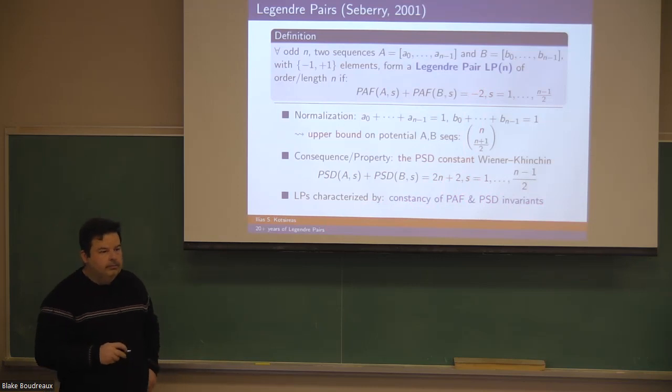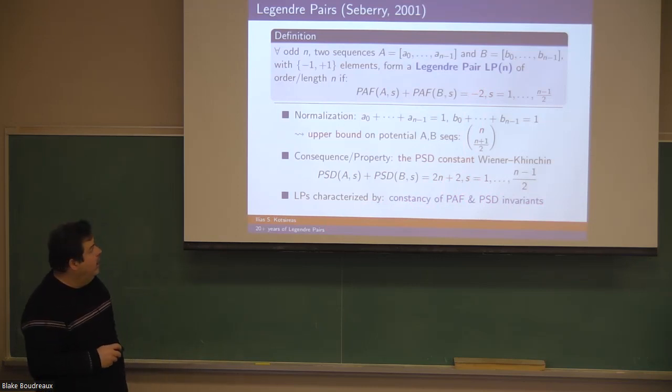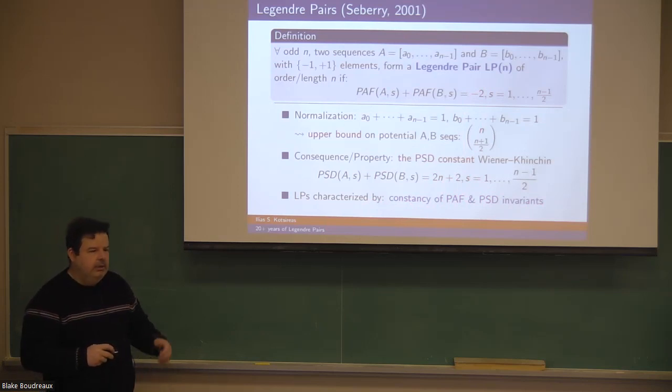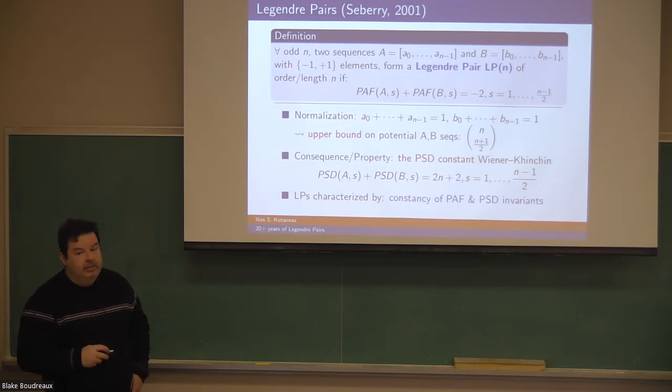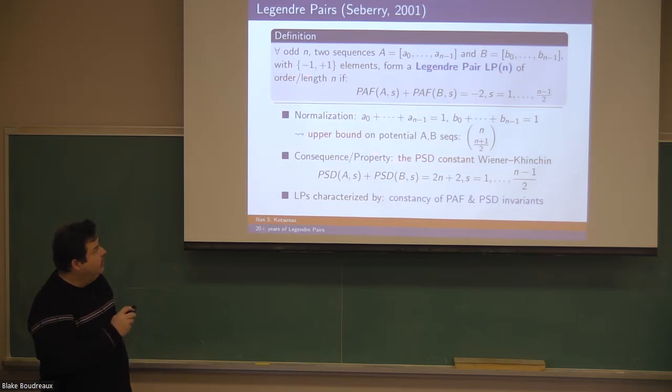So, they don't exist for even n. There is some Diophantine equation obstruction that forbids existence for even n. But if you change the alphabet, so this is second roots of unity, if you expand the alphabet to fourth roots of unity, then they exist for even and odd together.